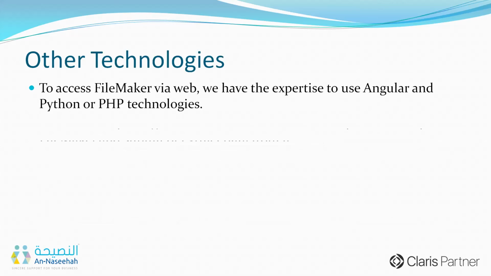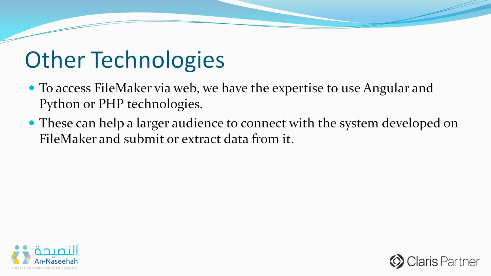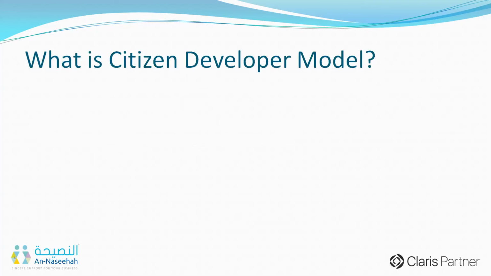The best part about FileMaker is that it can be used with other technologies and platforms, whether it's Angular, Python, or PHP, and with APIs as well, it can be integrated. So FileMaker is the ideal tool if somebody wants a solution developed quickly.